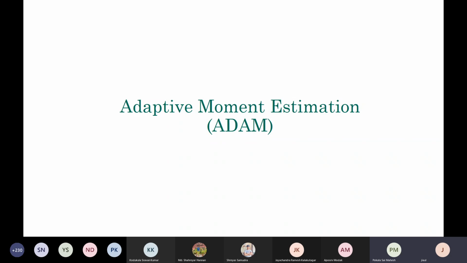Any other problem that can be tackled a little bit better that you see? So the initial guessing of the parameters. Okay, initial guessing of the parameters is one problem. Okay, what else?